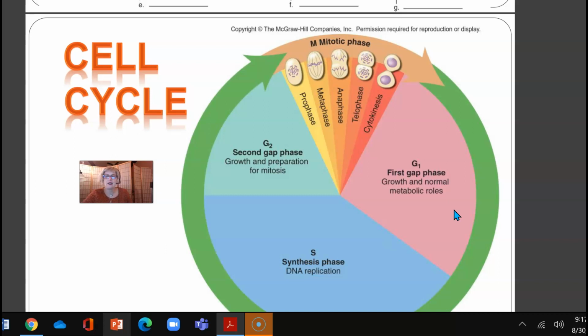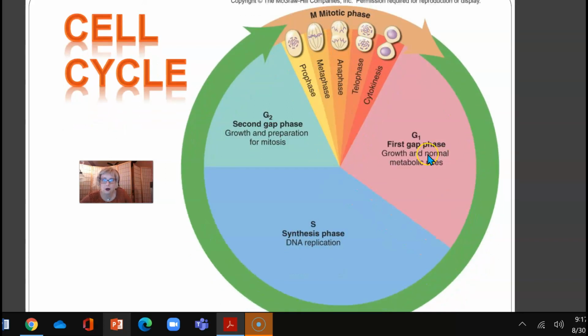All right, so let's go over phase 1, 2, 3, and 4. Phase 1 is called G1 or first gap phase. This is where a lot of growth and normal metabolic roles occur. The second phase is called S phase, and if you see the DNA, it's a double helix. It unravels itself.